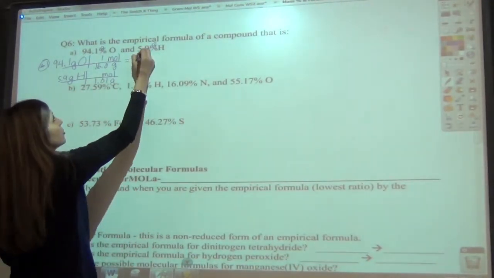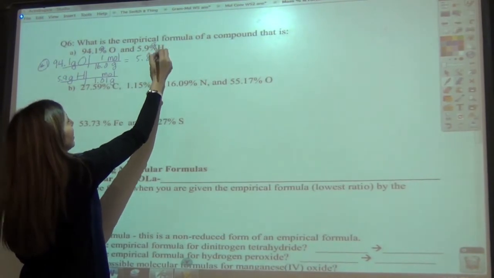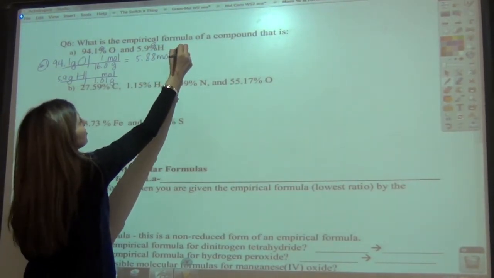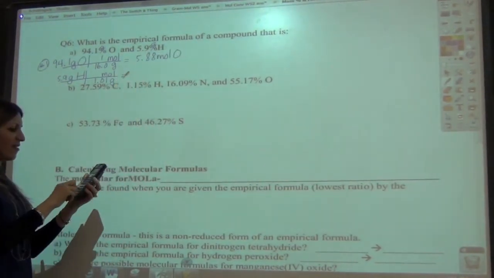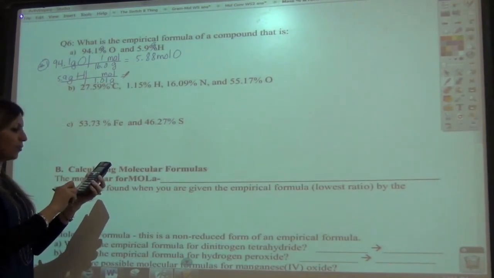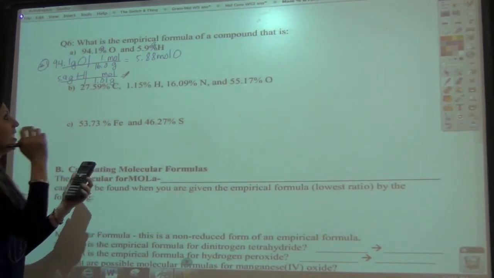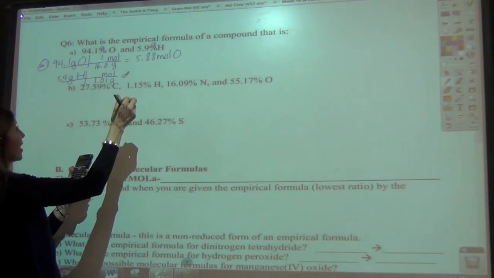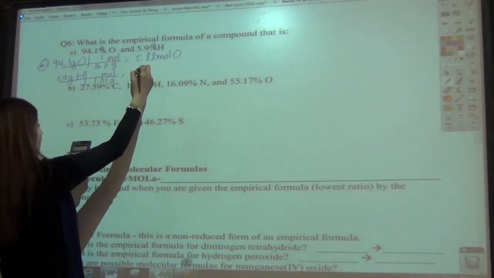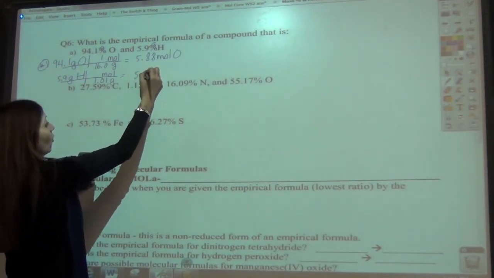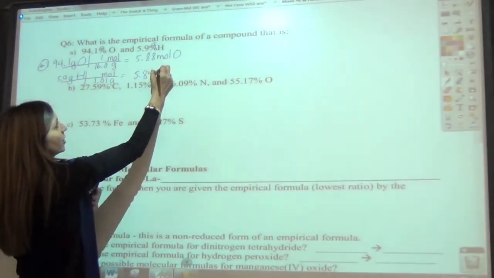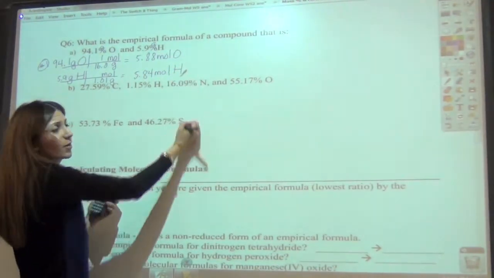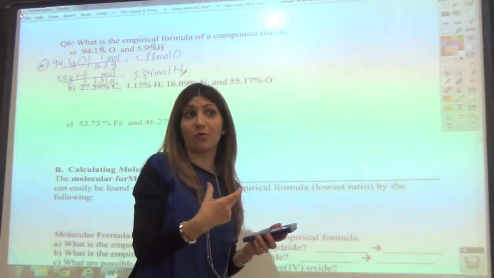Okay, we don't want to round yet. So this is 5.88 moles of oxygen. And now we're going to do 5.9 divided by 1.01. And this is giving me 5.8 because of my sig figs on this. Or I'm just going to write 5.84 anyway. You're going to see it doesn't really make a difference anyway because our sig figs, we're trying to get a formula.